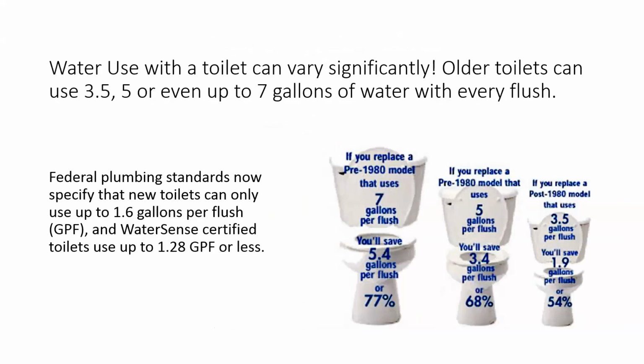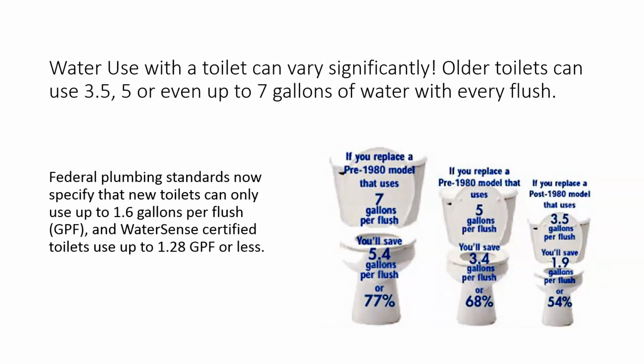So with toilets or water closets or whatever you would like to call this item or area of the bathroom. This is one of those areas and one of those fixtures that has really changed dramatically over the last 30, 40 years, especially in the United States. If you have a pre-1980 toilet, maybe a vintage toilet in your bathroom, you could be using up to 7 gallons per flush.